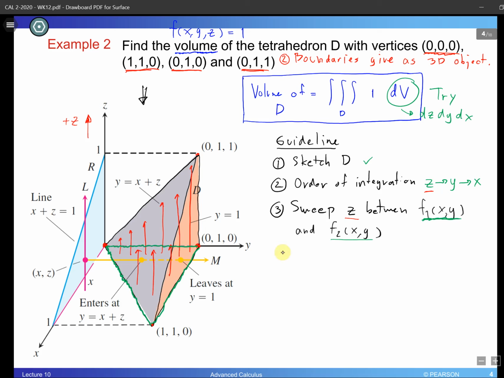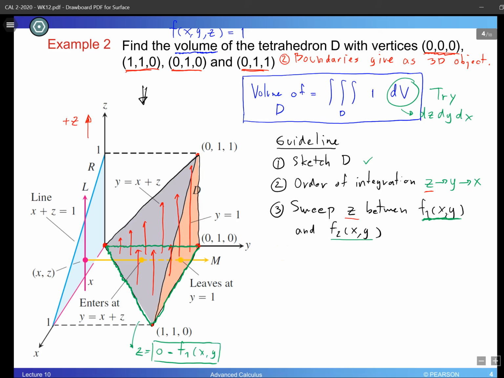It's going to be z equal to 0. And we set this to be equal to the function f1 of xy. So there you go, we found one.